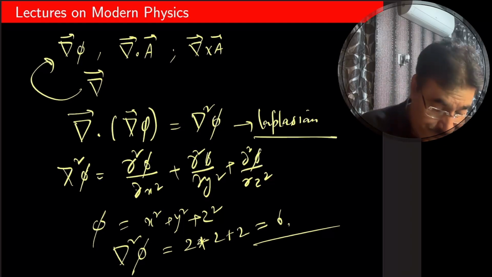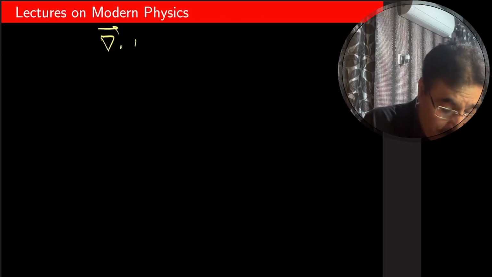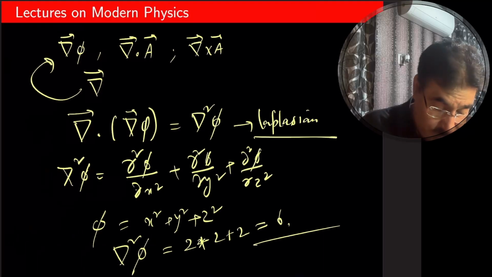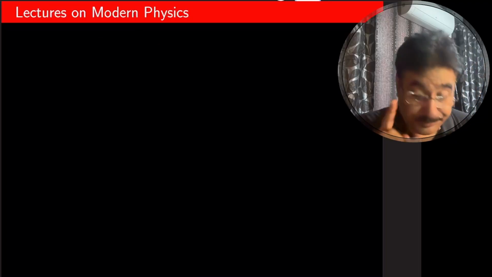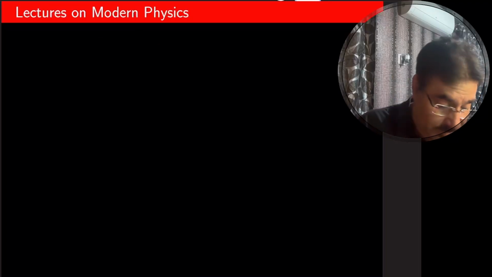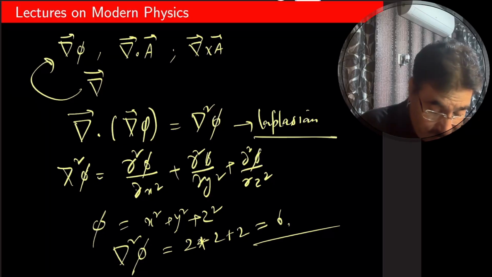Very important. Then we have del dot A, the divergence. Now, a bit of a thing we have just missed. We have found the divergence of the gradient.